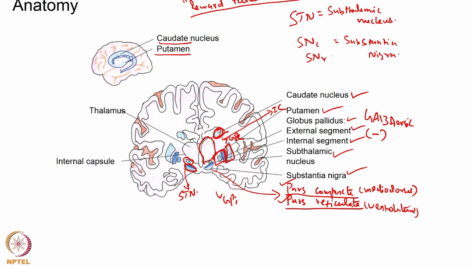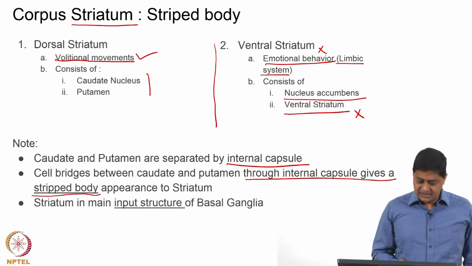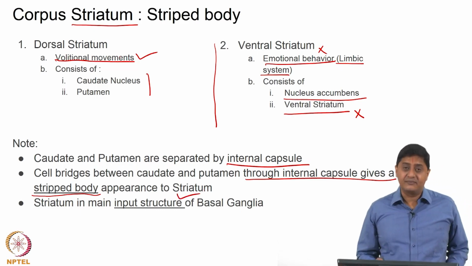So, there are cell bridges here, and then there are holes in between. Through these holes the internal capsule axons go through, but between these holes there are bridges between the caudate and putamen that give the appearance of a striped body. Okay. And striatum is the major input structure of the basal ganglia.